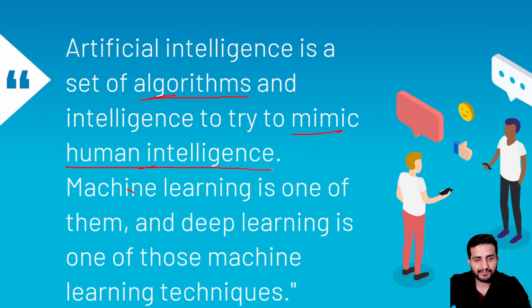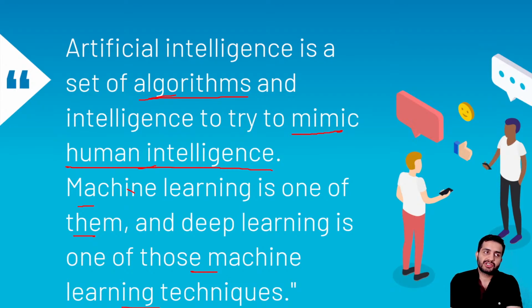With the help of these algorithms, the machine should be able to replicate what human intelligence is doing. And machine learning is one of these sub areas, a set of algorithms, and deep learning is one of those machine learning techniques. So machine learning is a set of protocols or algorithms trying to mimic human intelligence.